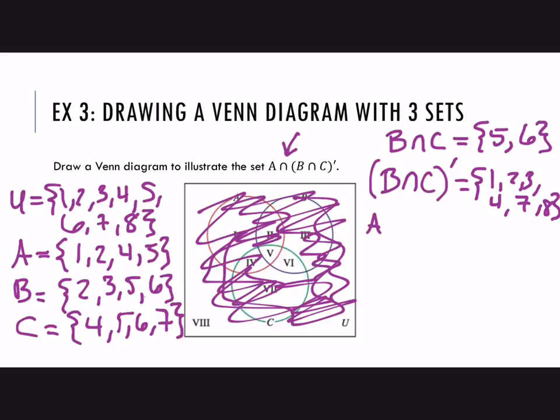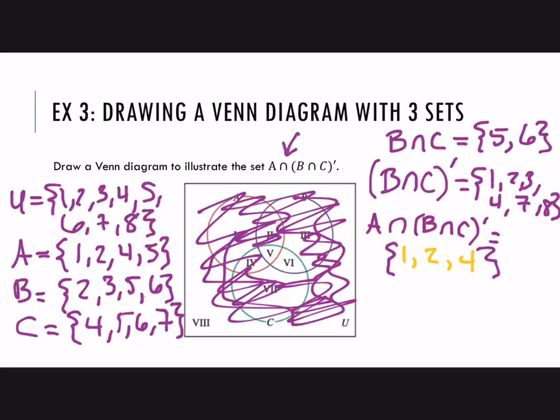So I need to intersect that with A. Okay, so using the listing method, I would compare this set with A, see what they share in common, and I see a 1, a 2, and a 4 in all 3 of those. So I need to shade regions 1, 2, and 4.